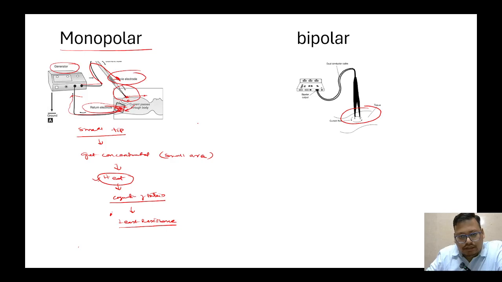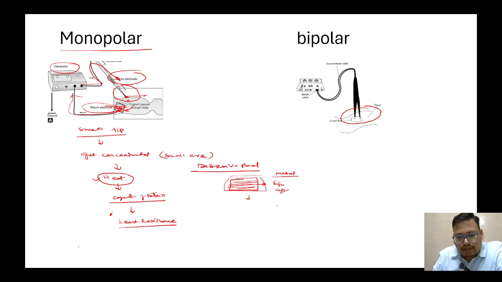The next point is the dispersive pad. Previously it came as metal. You have seen that with a metal pad, they usually cover it with a normal saline cloth and put it under the thigh or calf. The dispersive pad is of larger area. Previously it was metal, and there is a risk of distant burn.